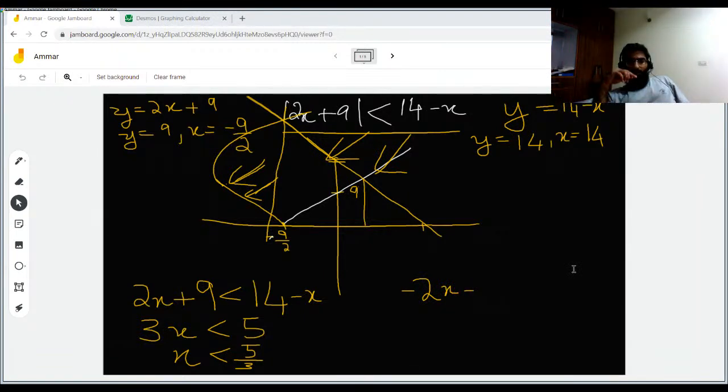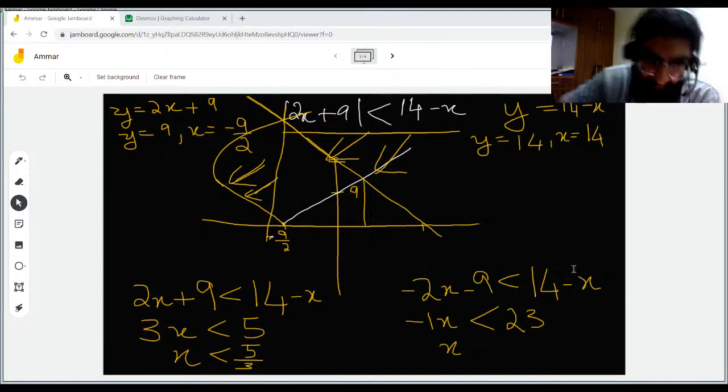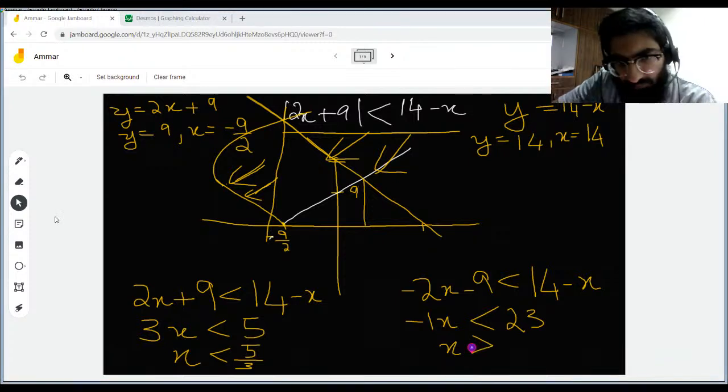Minus 2 minus 9. 14 minus x goes to the other side, so it becomes 23, and so x is greater than minus 23.